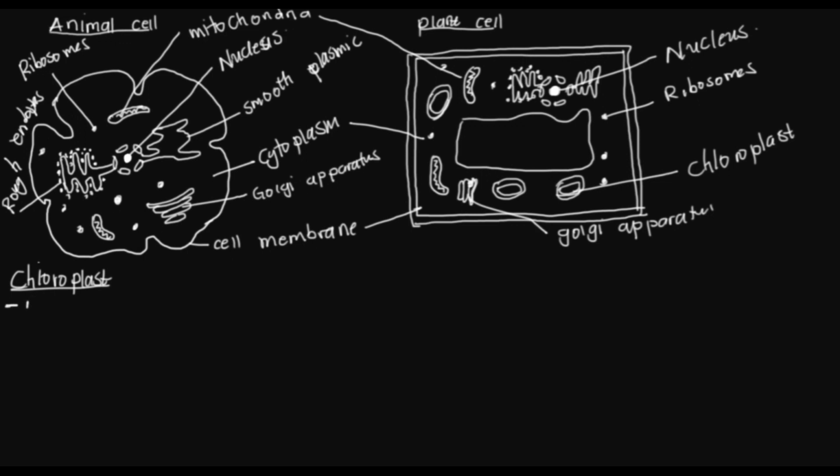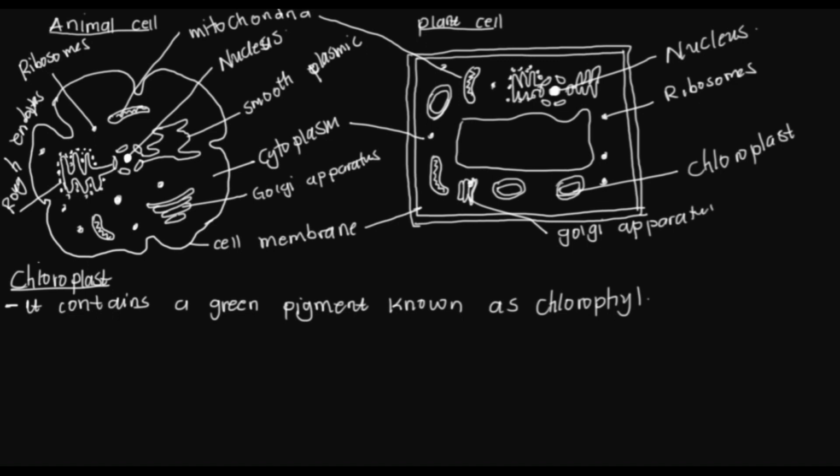So number one, we'll say it contains a green pigment known as chlorophyll. Before we look at the function, we also need to know that this same green pigment is surrounded by membranes known as thylakoids.